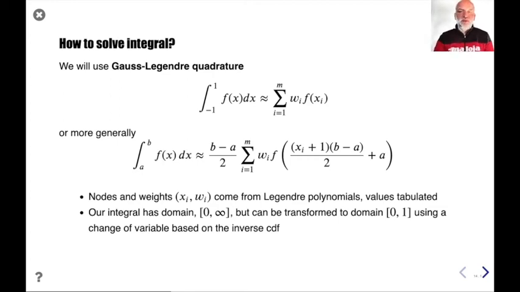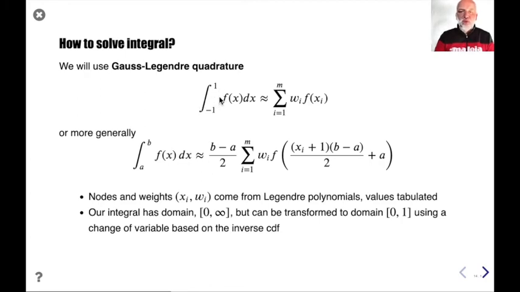So we'll use that just for simplicity, but there's one obstacle first. Gauss-Legendre in its basic form is used for solving integrals on this form here. There's no weighting function in front.